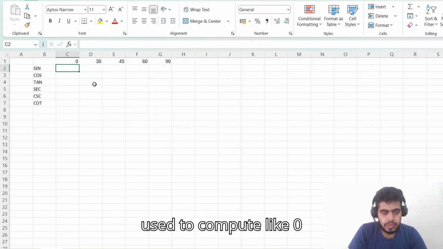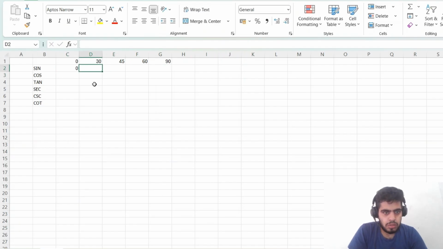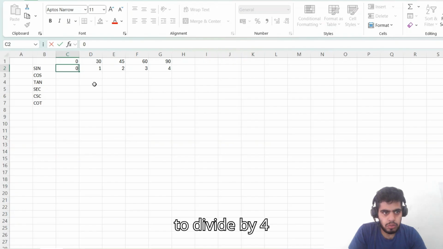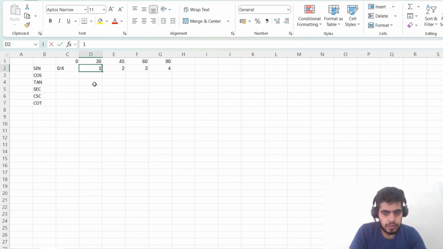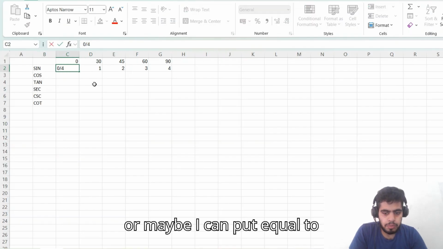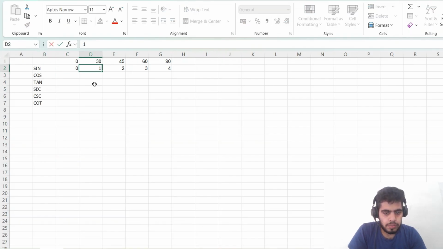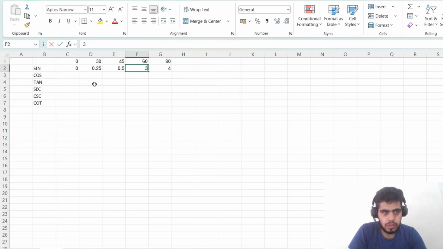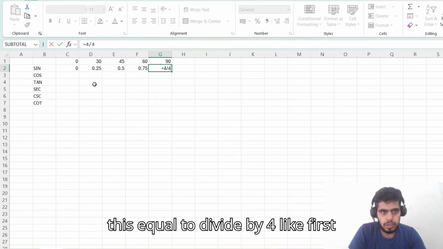We used to write 0, 1, 2, 3, 4 and divide by 4, divide by 4, and so on.